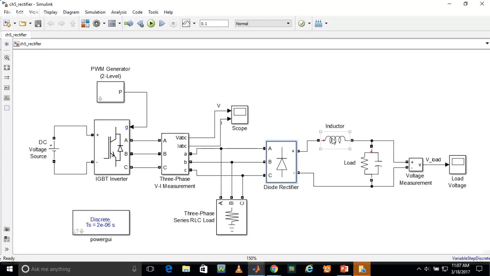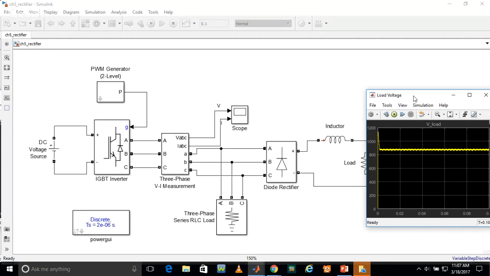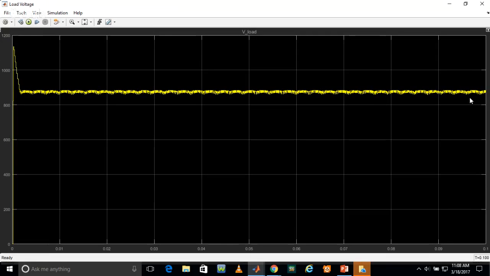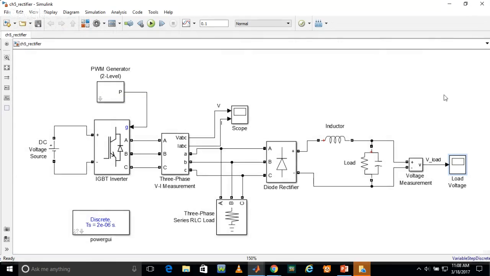So we are connecting a filter circuit here with inductor and RC, and it will give us almost constant DC. Okay, it will provide almost constant DC because in this you can also see there are ripples present, but the amount is very less. Okay, so this is how you will make a diode rectifier circuit.